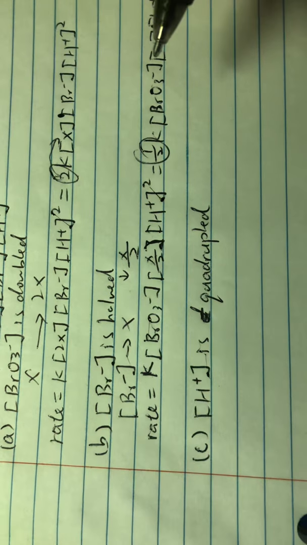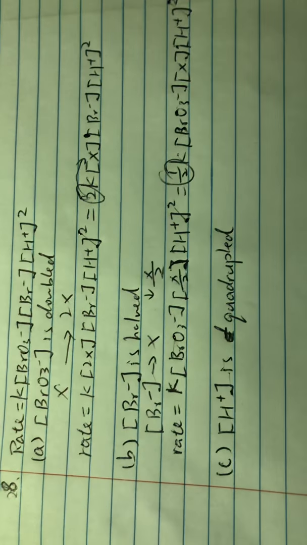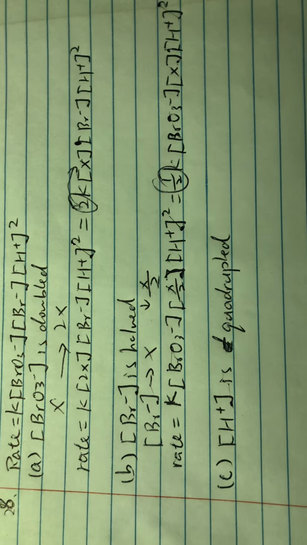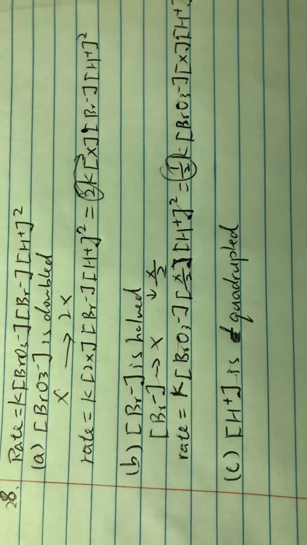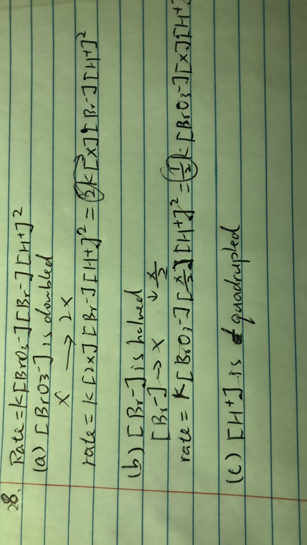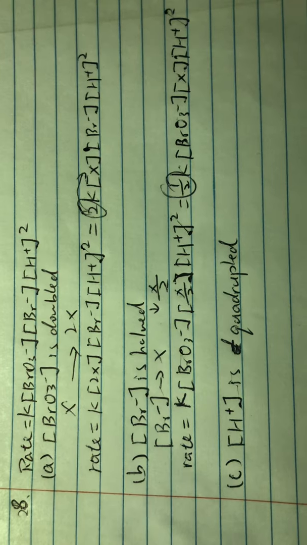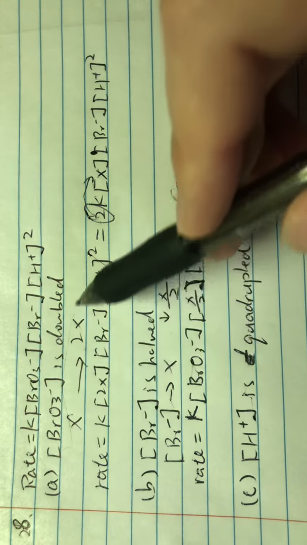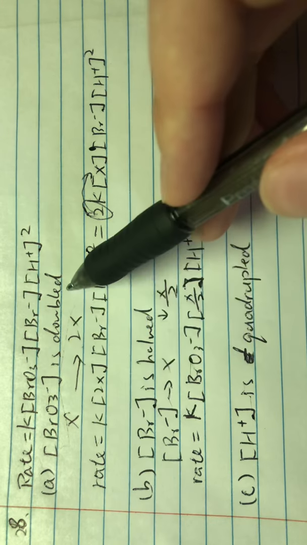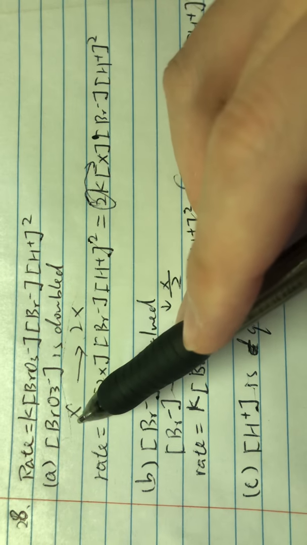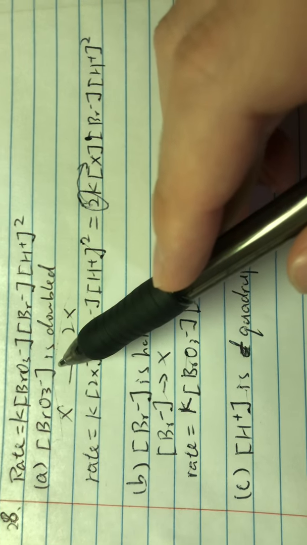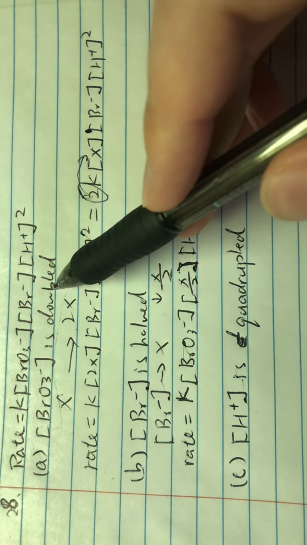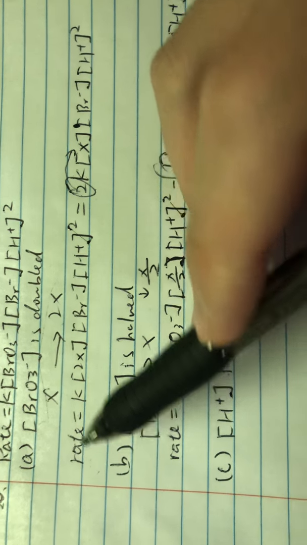If you look at these two problems, we can tell a general rule: when it's first order, the rate changes with the concentration of the substance. If this is doubled, the rate is doubled. If this is tripled, the rate is also going to triple.